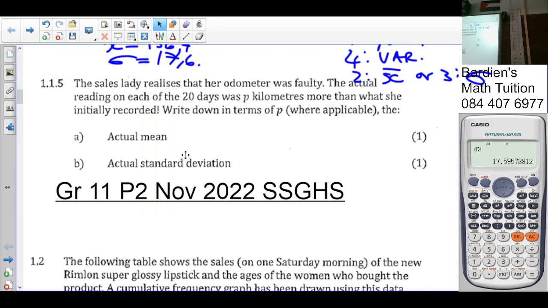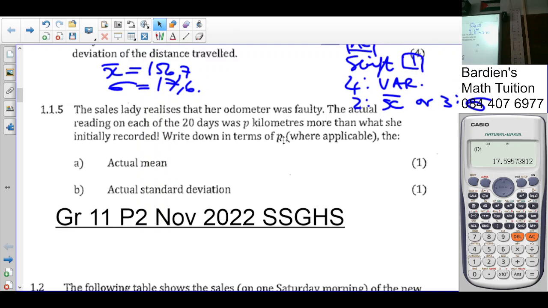The question says write down in terms of P, where applicable, the actual mean. If it's exactly P kilometers more every single day, then your mean would simply be 156.7 plus P.